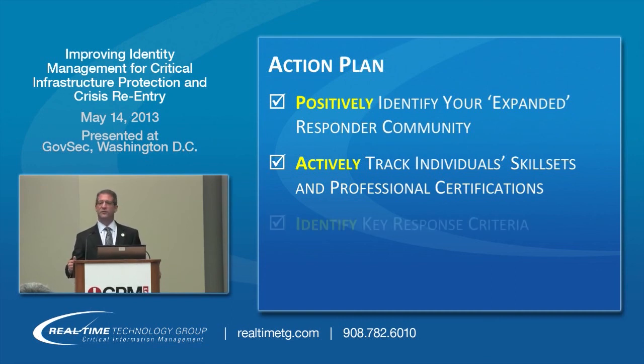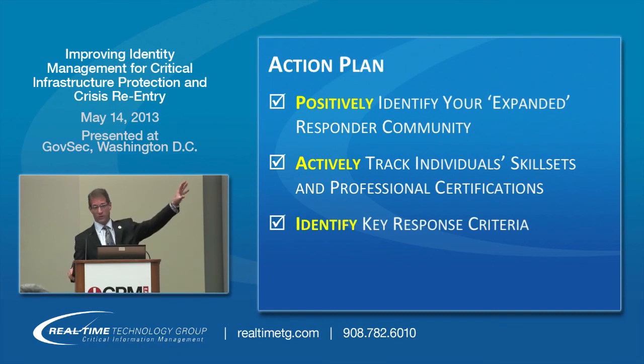You need to identify the criteria, preferably from some federal organization, so you can pass the buck to somebody else and say, hey, the federal government says that I have to do this. And if anybody's familiar with the 18 sectors of the National Infrastructure Protection Plan, it's pretty much all of you for sure. It's education, it's healthcare, it's utilities, it's natural resources.